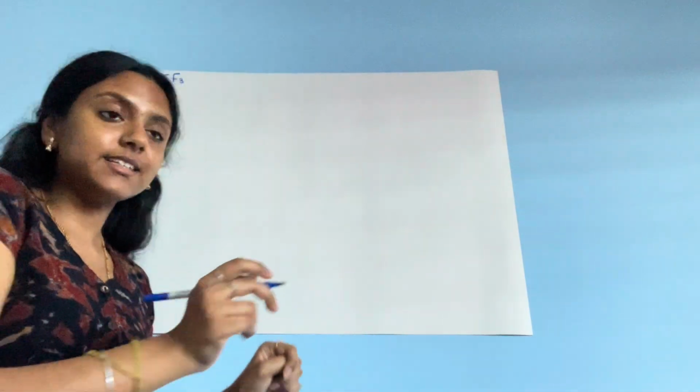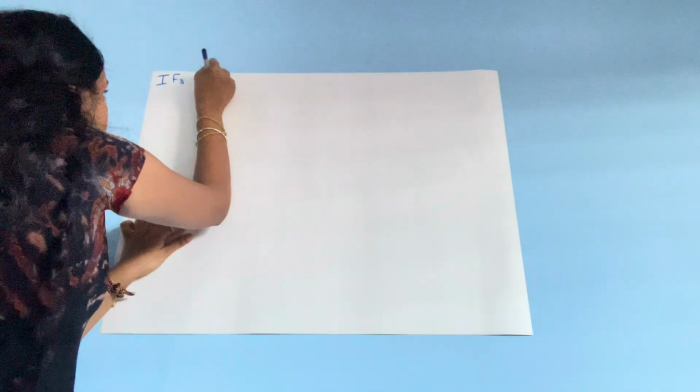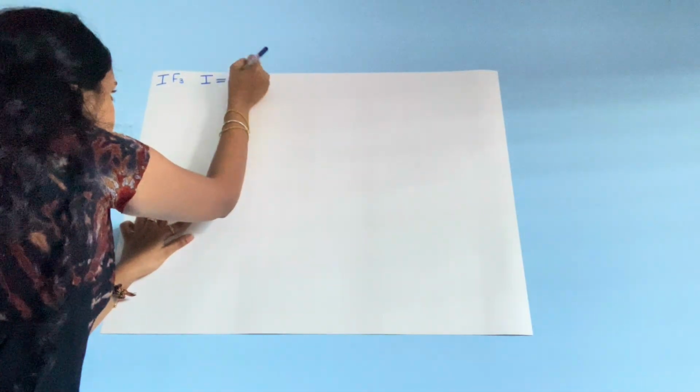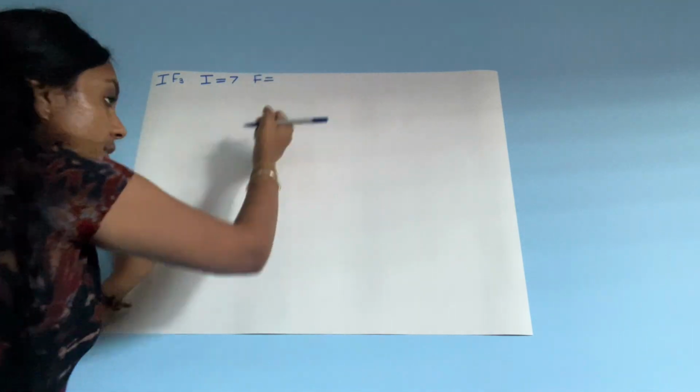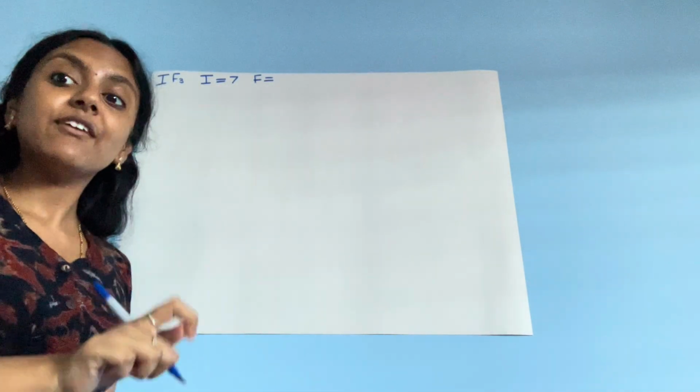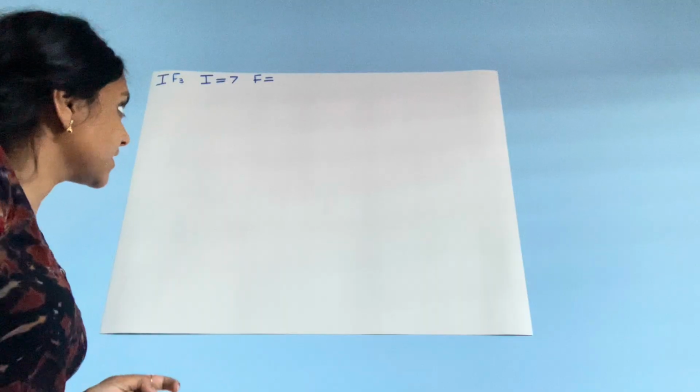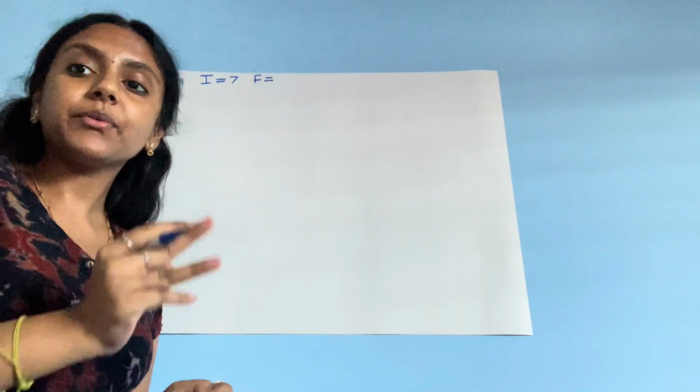So iodine has 7. Fluorine has 7. And we have 3 fluorines.